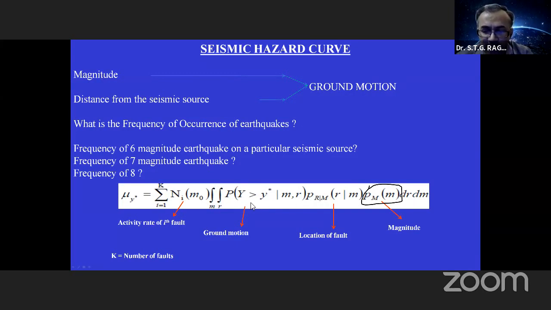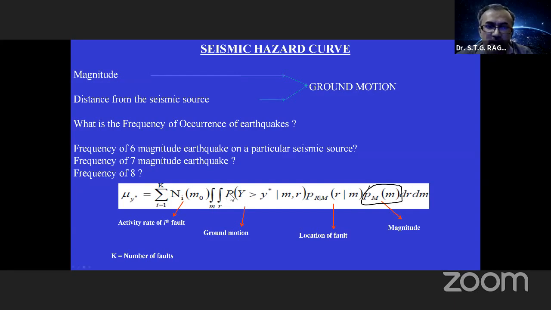From the total probability theorem, it can be written as a multiplication of three probabilities: the probability of magnitude, the probability of distance, and the probability associated with these ground motion values. By multiplying these three probabilities, we get the final risk associated with these numbers. This approach is very widely available in textbooks also. You can see there is nothing, not great mathematics, just the total probability theorem we use.